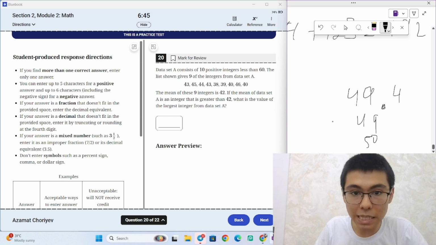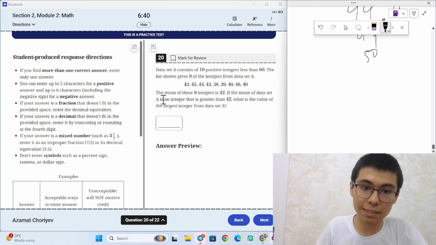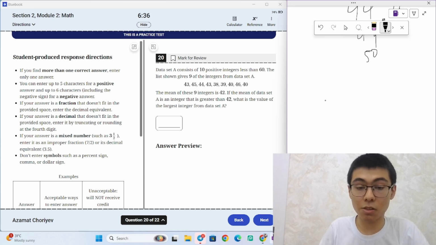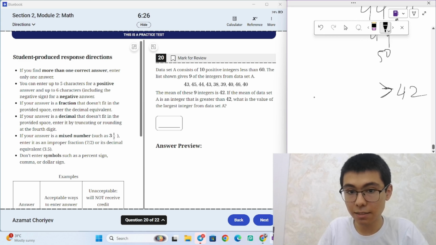So the mean of those 9 is 42. If the mean of data set A is greater than 42, what was the value of the largest integer from set A? So it's gotta be more than 42. And the mean of these 9 integers is 42, right?